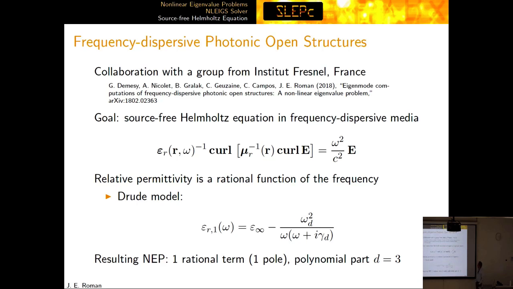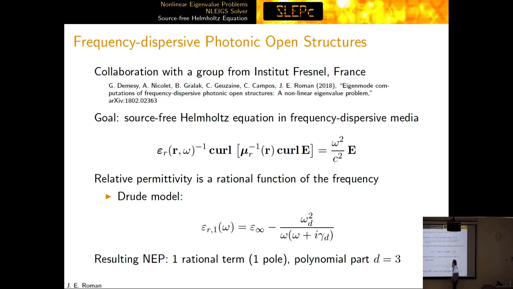The equation is the wave equation coming from the Maxwell equations, and here this is an eigenvalue problem where you can see that the permittivity depends on the frequency. So this is where the nonlinearity comes from.